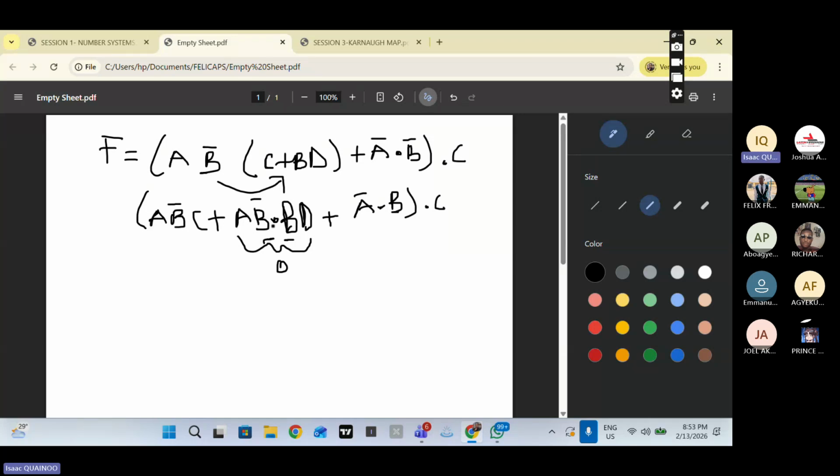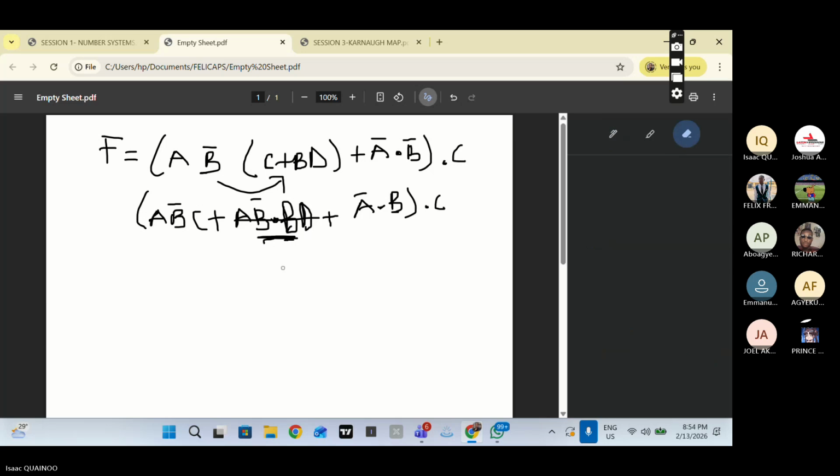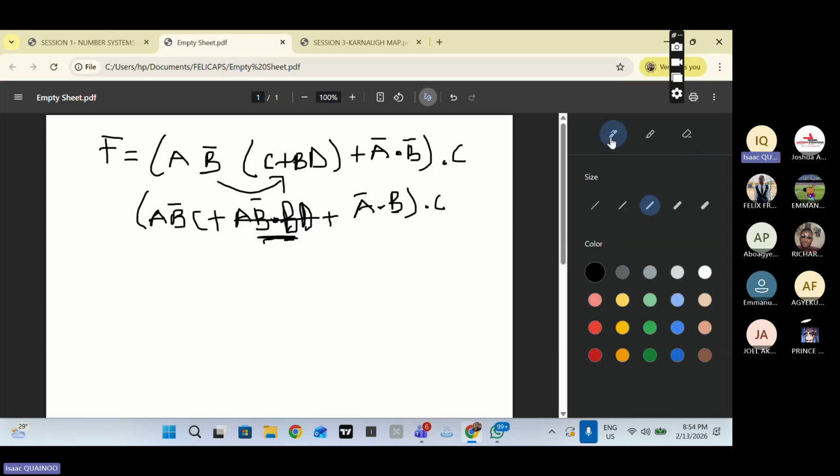And whenever we are dealing with the AND gate, we need all inputs to be true for our output to also be true. So even if one input is false, everything becomes false. So now that we've been able to falsify this here, which is B prime times B, and we know that that is 0 according to our law, then we know that everything here now becomes 0. So this is out.